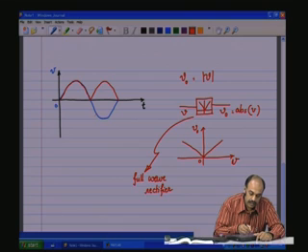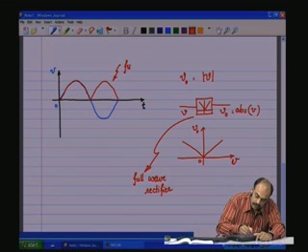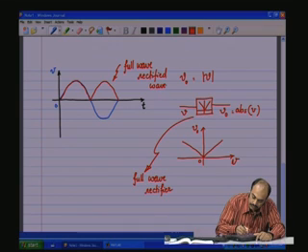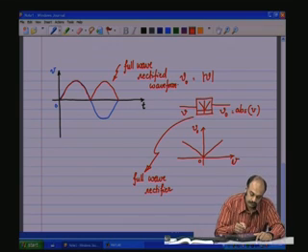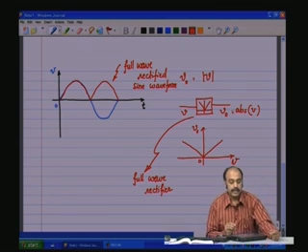So, if this is V, the blue one, the red one is V naught, which is the full wave rectified sine waveform, because we are talking of the sine.